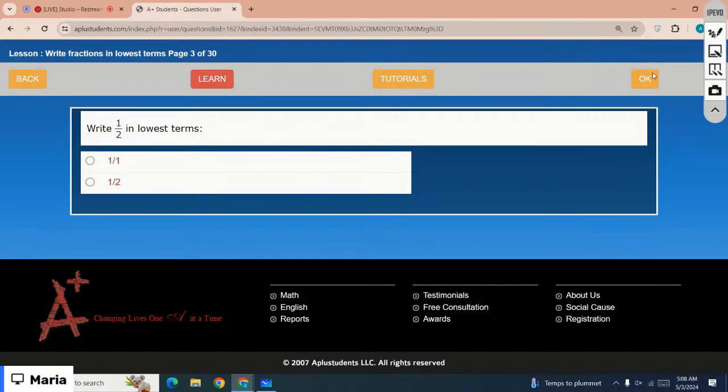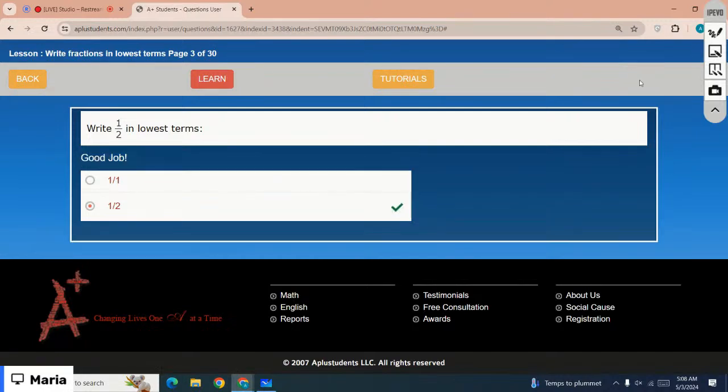Write 1 by 2 in the lowest term, which is the correct option? Yes, that is already in the simplified form. You cannot reduce further. That is 1 over 2. Very good.